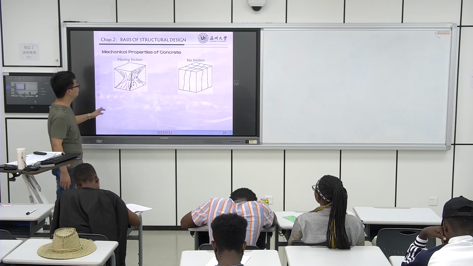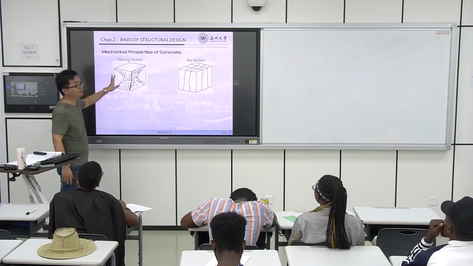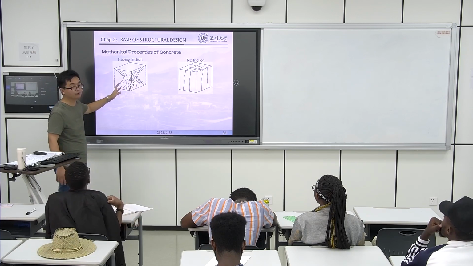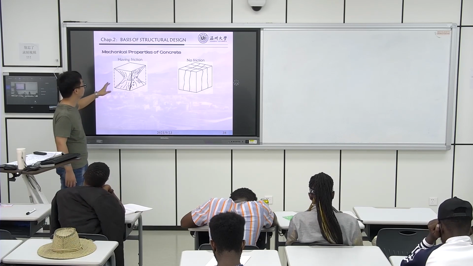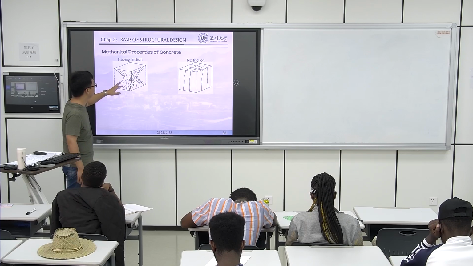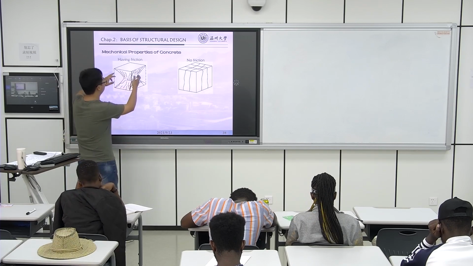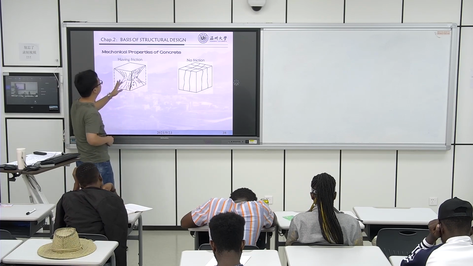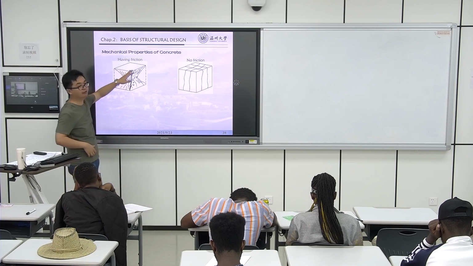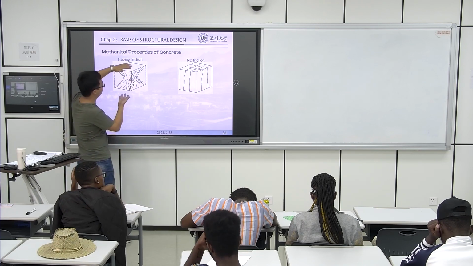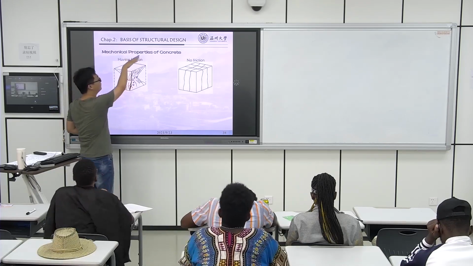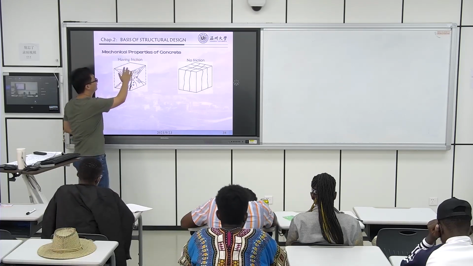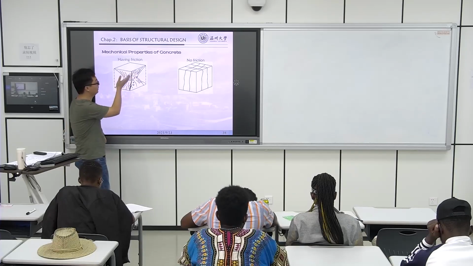And look at here, the cube we used and the specimen in the test. The failure mode would be like this, because here there is friction. Because we put the specimen on the machine, the surface of the specimen will touch the machine.